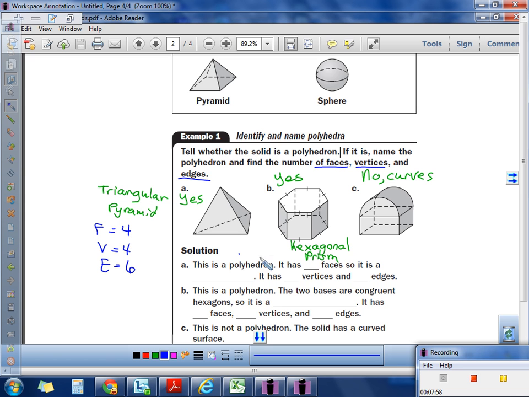Part B, let's go through that one as well. We need our faces, our vertices, and our edges. Once again, I think vertices is the easiest because you can put a dot on each vertex. 1, 2, 3, 4, 5, 6, 7, 8, 9, 10, 11, 12. We have 12 vertices.